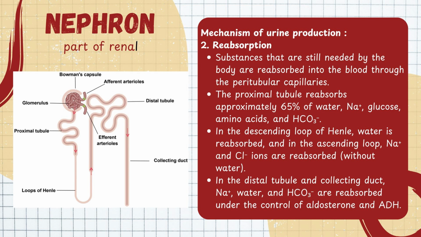In the descending loop of Henle, water is reabsorbed, and in the ascending loop, natrium and chlorine ions are reabsorbed without water. In the distal tubule and collecting duct, natrium, water, and bicarbonate are reabsorbed under the control of aldosterone and ADH hormone.